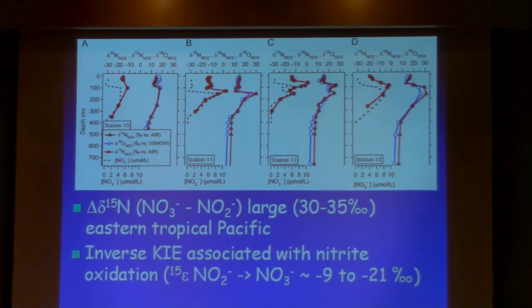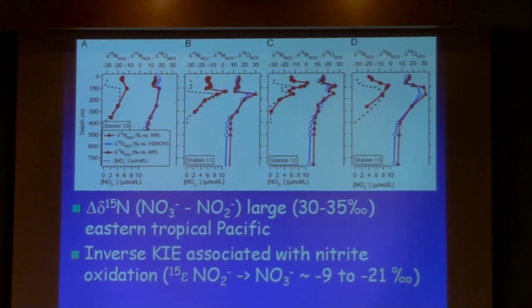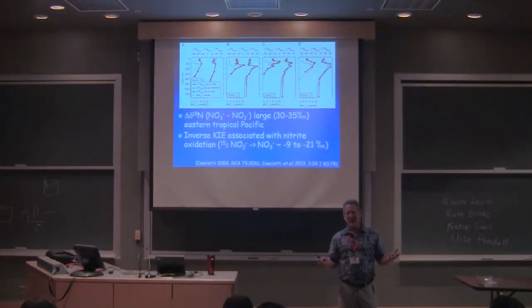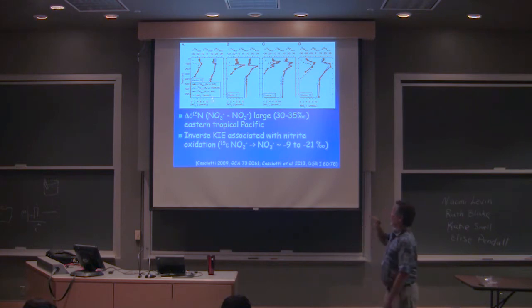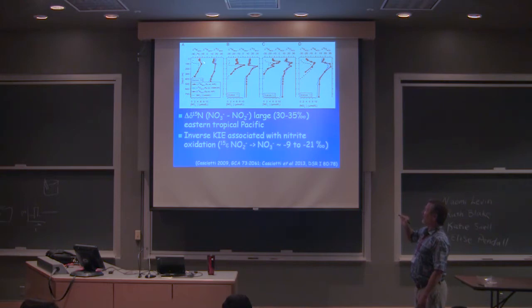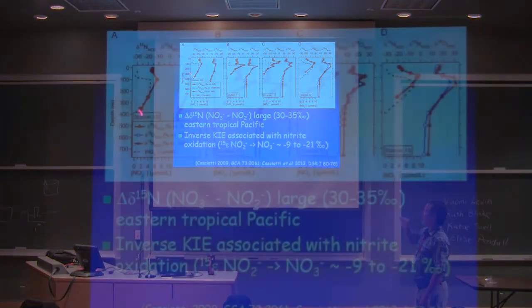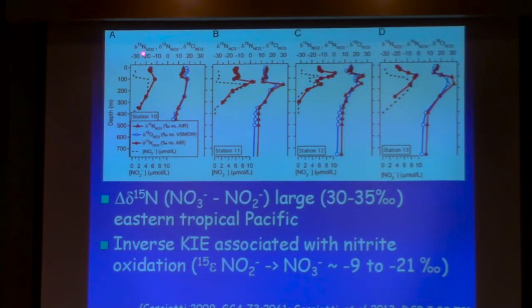Ammonium and nitrite, they're just difficult to measure. The implication is very, very rapid turnover. And there's rapid turnover of nitrite in the Eastern Tropical Pacific, but concentrations are high enough that we can measure the nitrite nitrogen isotopic composition.